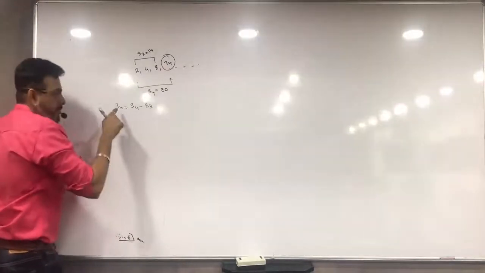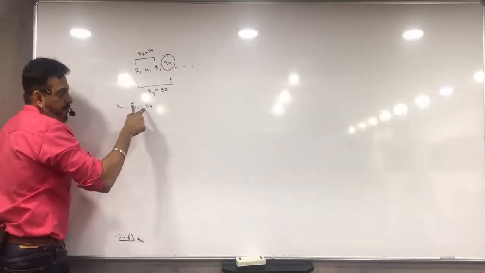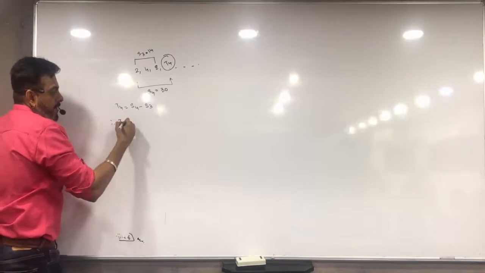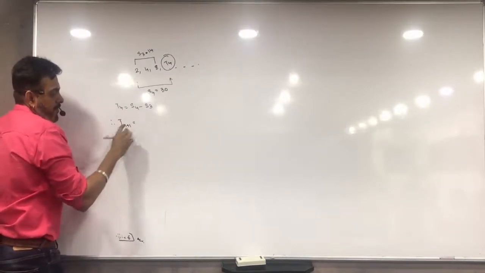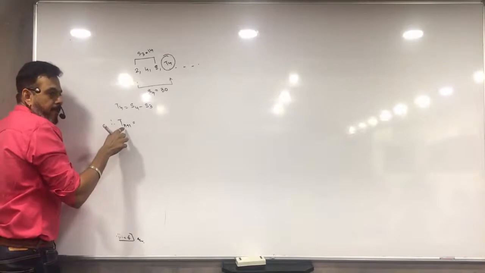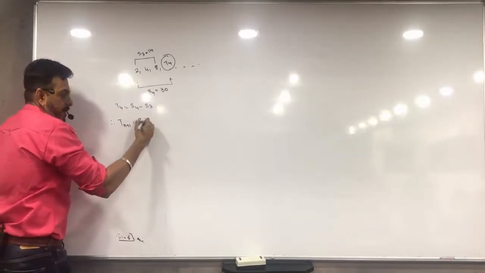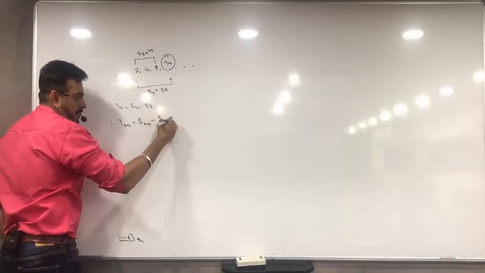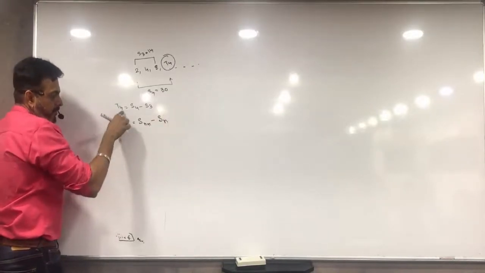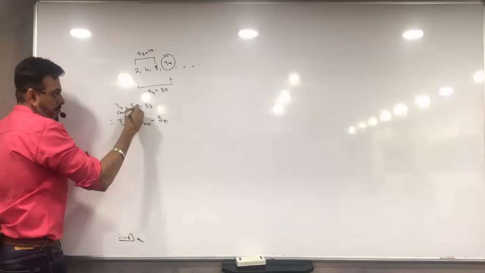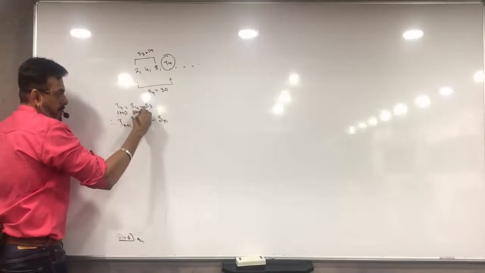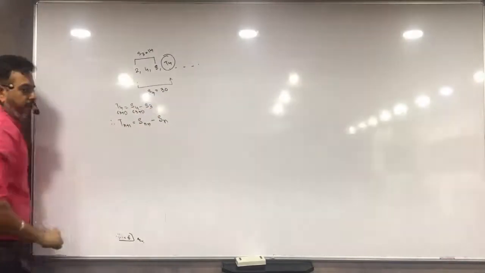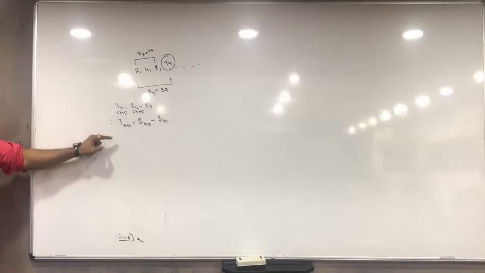Now T4 is equal to S4 minus S3. Therefore T(n plus 1) is equal to, what did I take as 4? N plus 1. So we will take S(n plus 1) minus S(n). What is n? 4 is what? 3 plus 1. And this is 3. Are you able to understand this?